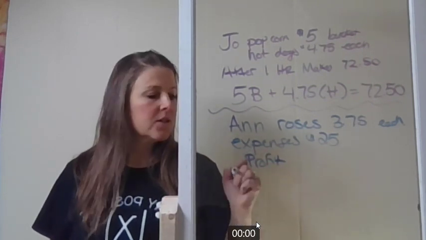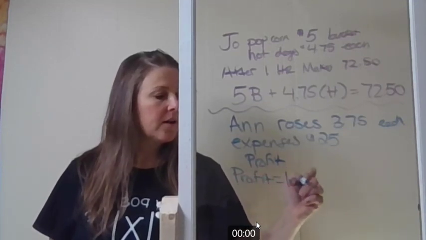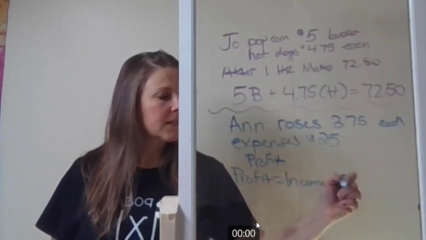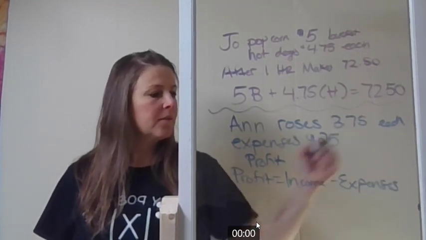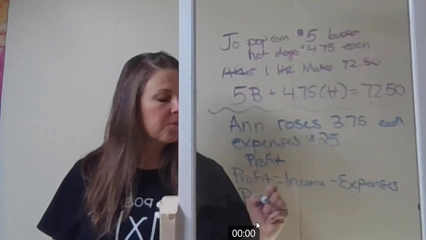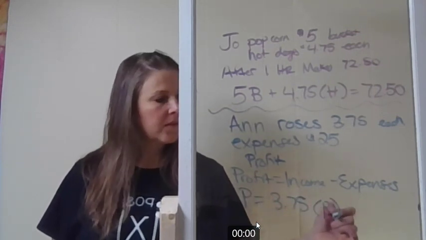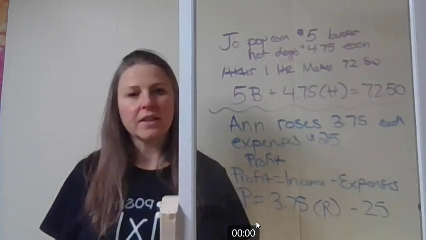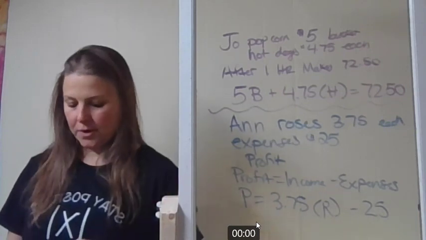So you've learned this year that profit is equal to income minus expenses. So the income is $3.75 per rose. And then the expense is $25. So that situation would be easier to write in y-intercept form.